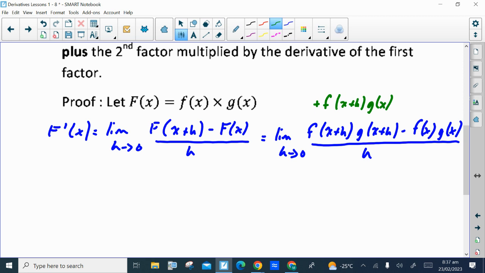So again, we're going to add and subtract f at x plus h times g at x in the numerator. Let me do a better job of writing that one.